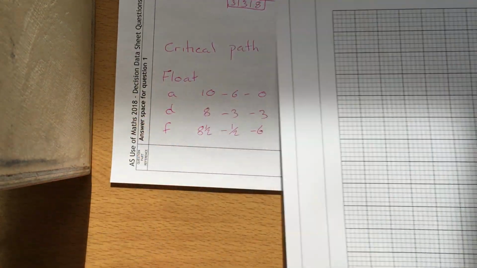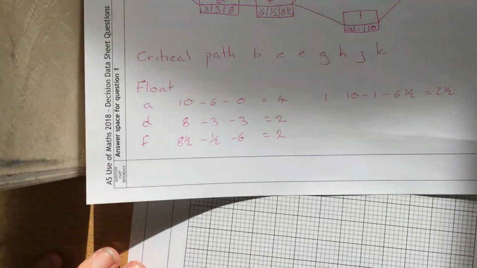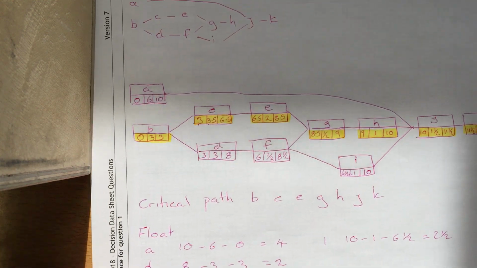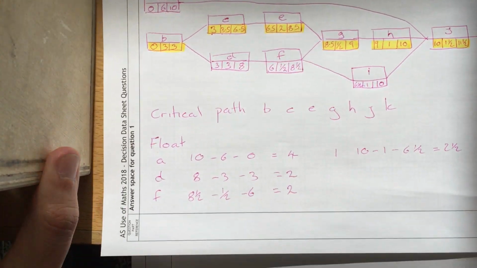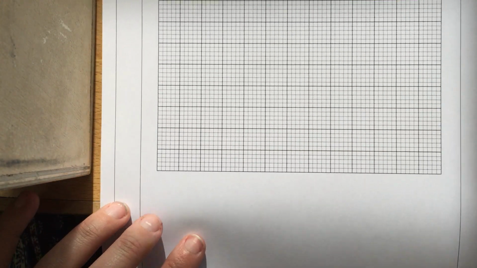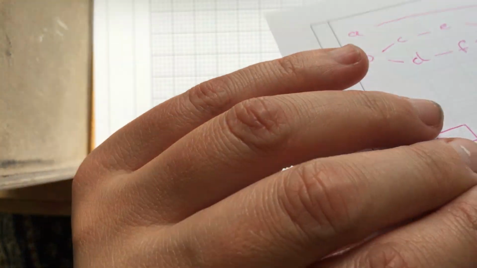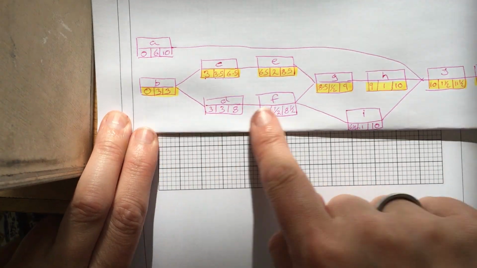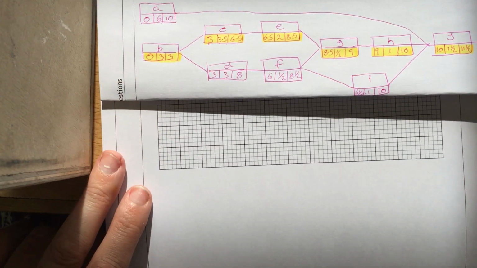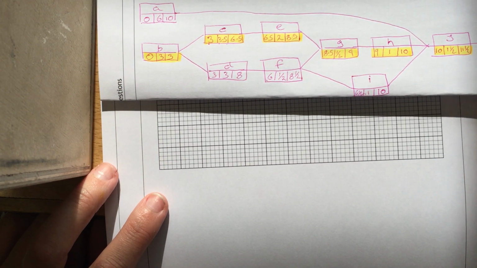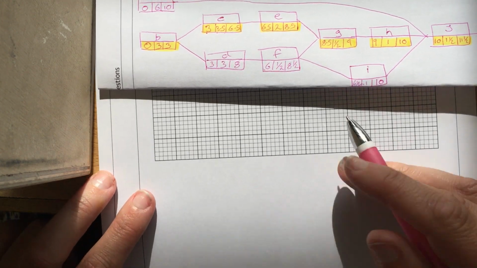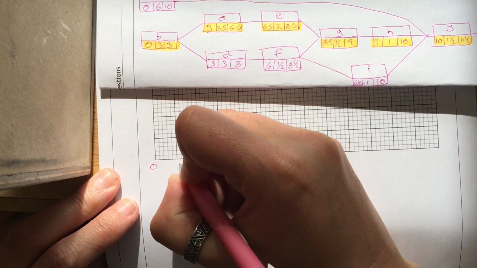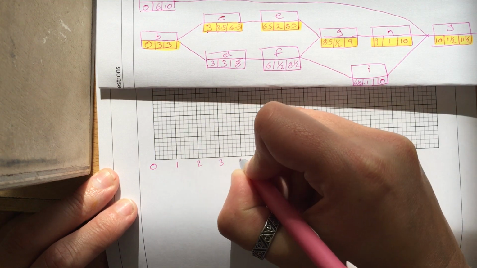If we look at what we've got, we're basically being able to put this information into a graph. So we know it needs to go up to 12.5. So we start at 0, 1, 2, 3.